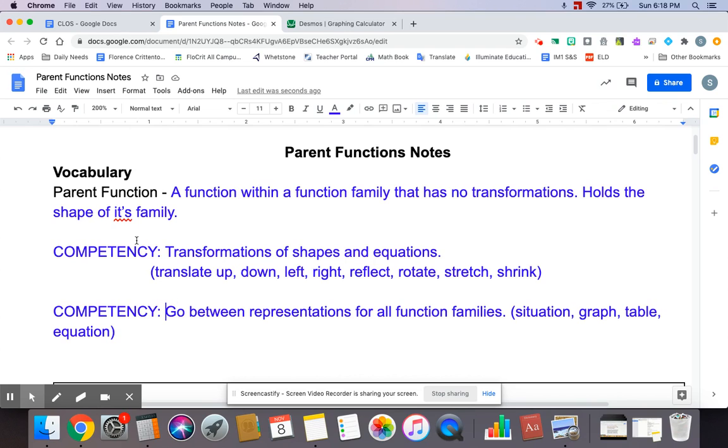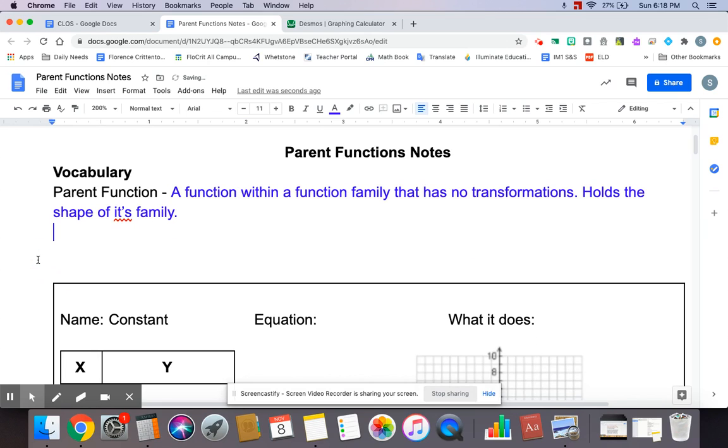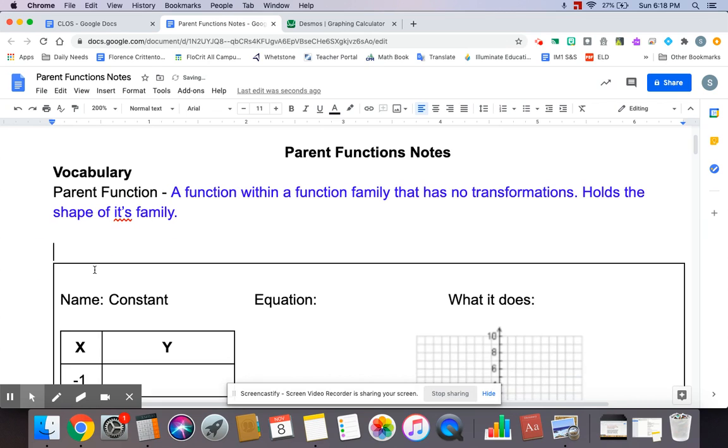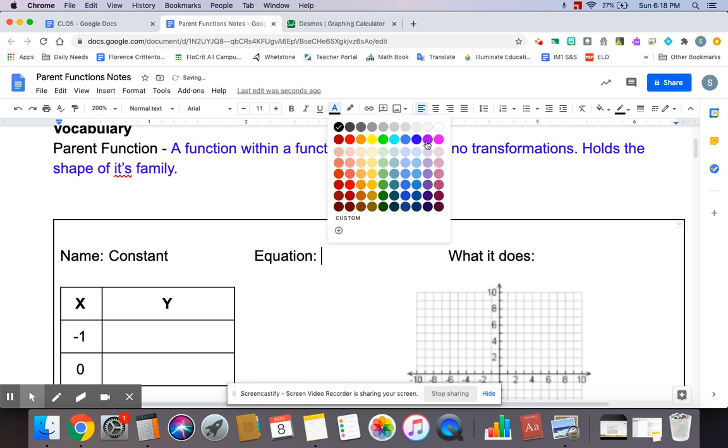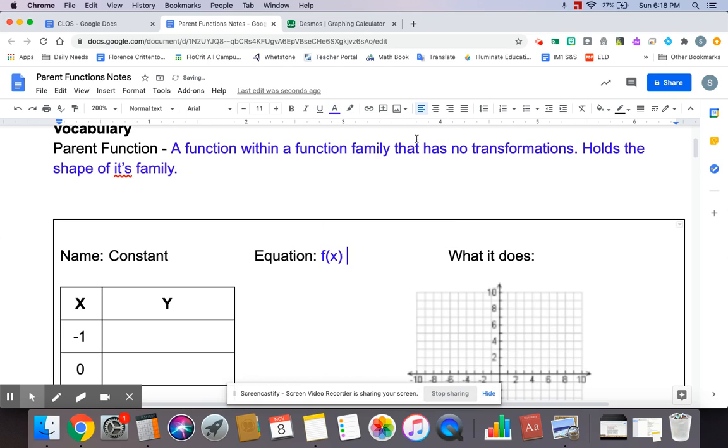To begin, we have to learn all the basic parent functions, like all the main ones. So let's learn them. The constant is the name of one type of equation. Basically the rule of a constant is that the equation is going to equal C, and C stands for a number. C equals any number.